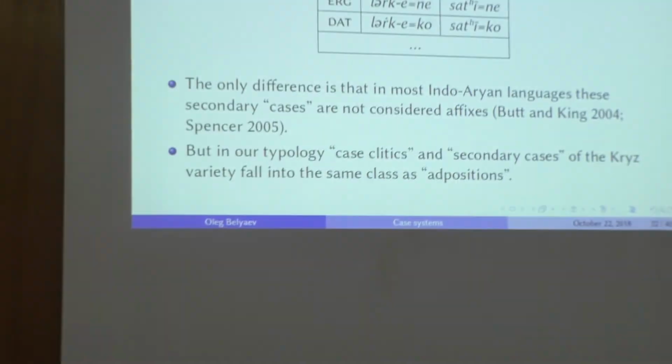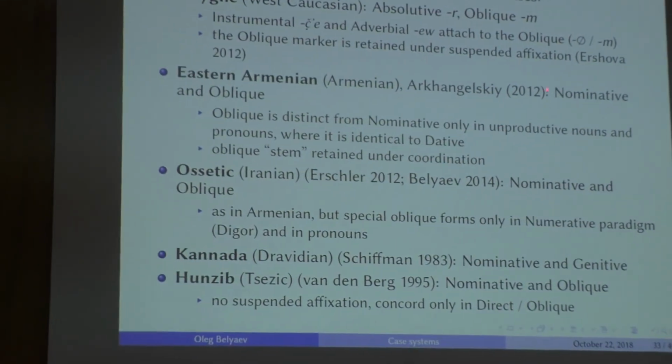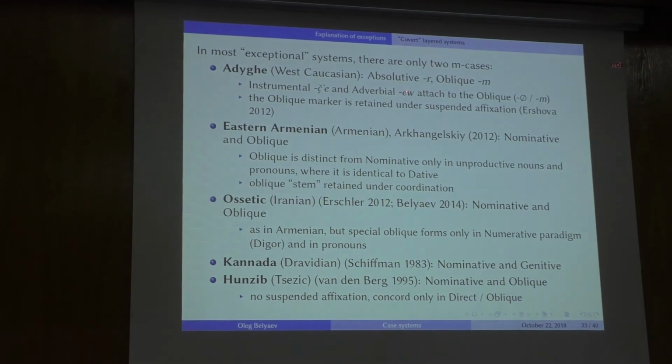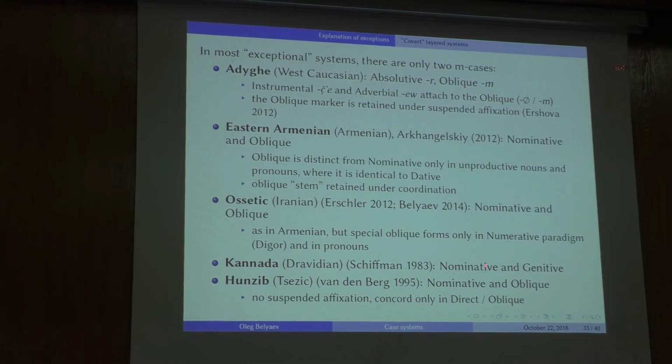Have you considered whether there is a correlation between which functions are expressed by the particular formant and whether it is an M case or not? Well, you see here that it's quite expected that the M cases are usually quite big. For a two-level system, usually the M cases are things like absolutive, oblique, nominative, oblique, and genitive.